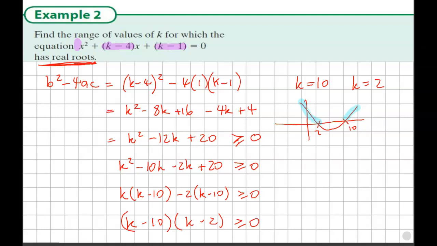So your values are going to be numbers less than 2 or greater than 10. So we can say that k can be less than or equal to 2, and along with that you can union the scenario where k is greater than or equal to 10.